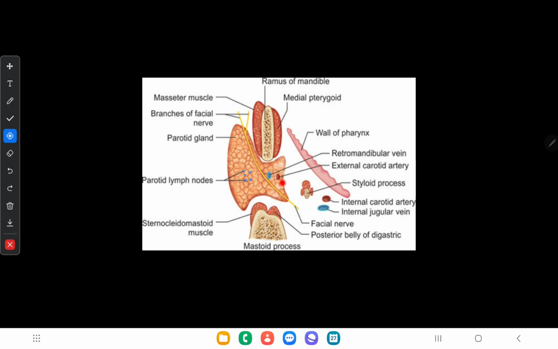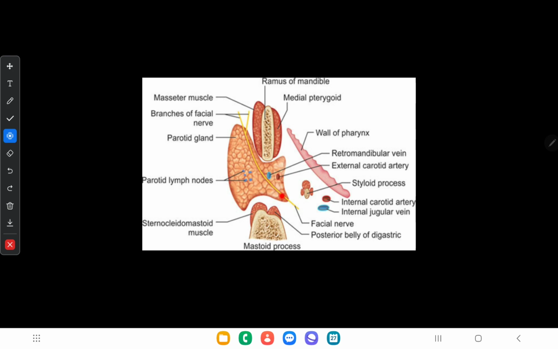Deeply, the external carotid artery enters the parotid gland through its posteromedial surface, and it divides into two branches, the superficial temporal and maxillary arteries, at the level of and posterior to the neck of the mandible. So the facial nerve is the most superficial structure inside the gland. The retromandibular vein is deeper to the facial nerve, and the external carotid artery is the deepest one.